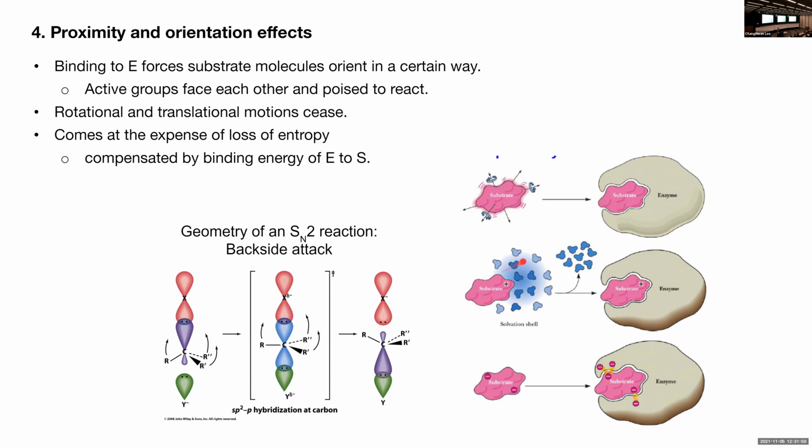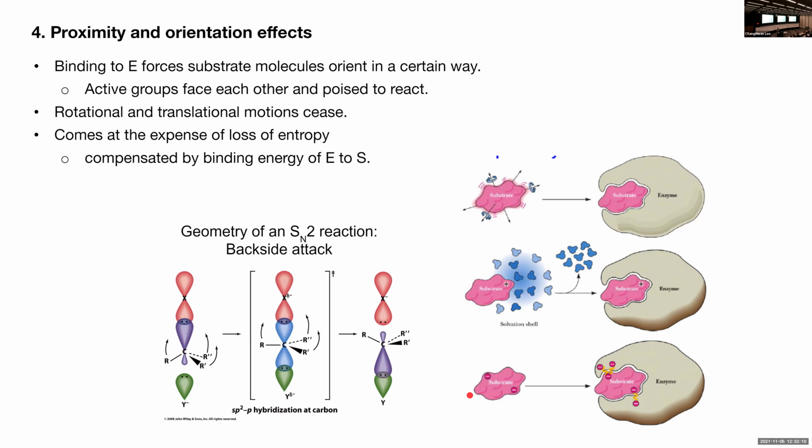And there are other advantages of using these proximity and orientation effects. It gets rid of the solvation shell, where the other partner has to swim through this solvent shell to interact with the actual site of the reaction.